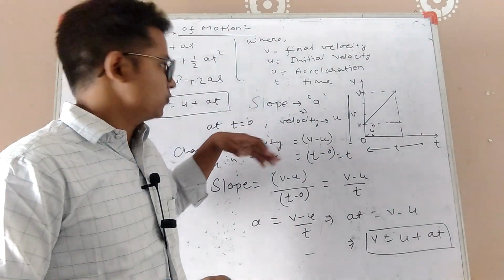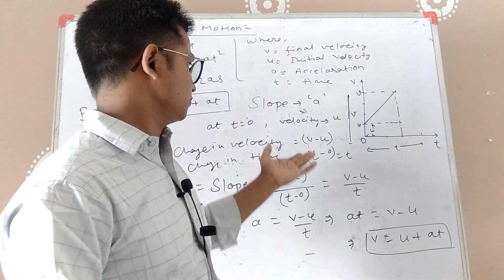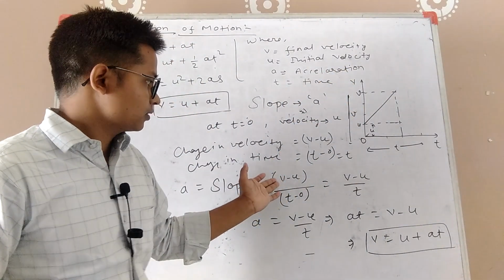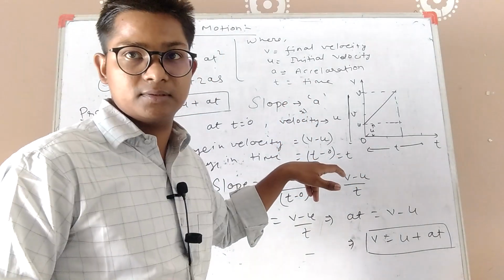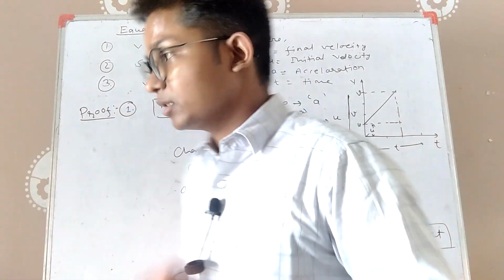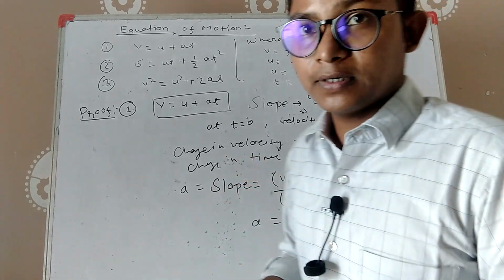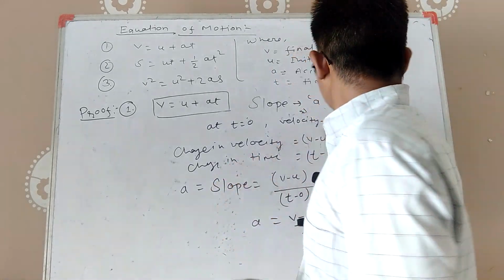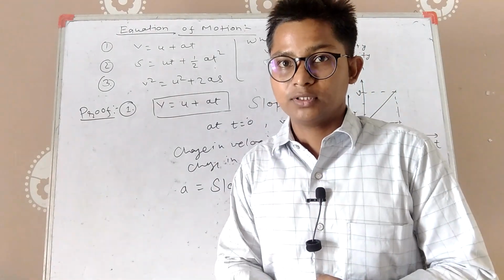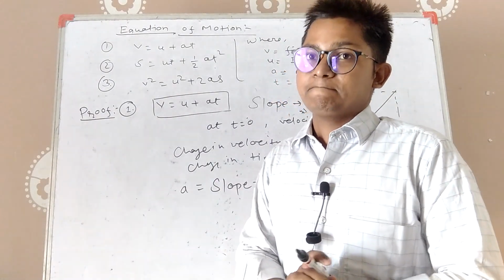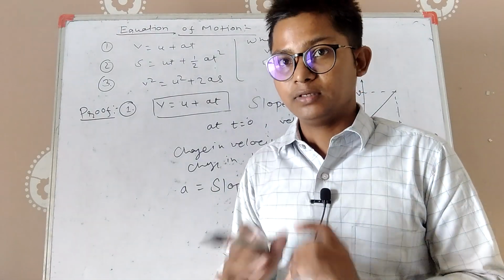We can also use the geometrical method, which will also give v minus u as the change in velocity on the y axis and change in time on the x axis. So the acceleration of an object is obtained from the v-t graph if we find the slope. This line represents the linear uniform motion of an object, and finding the slope of the line gives the acceleration.